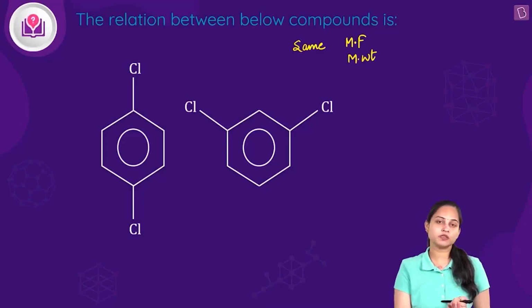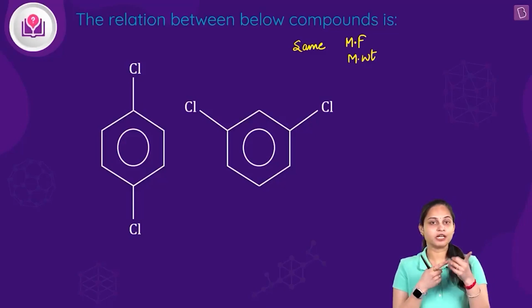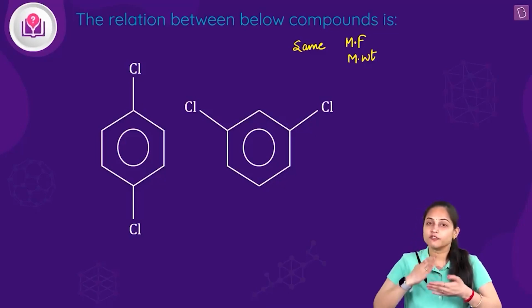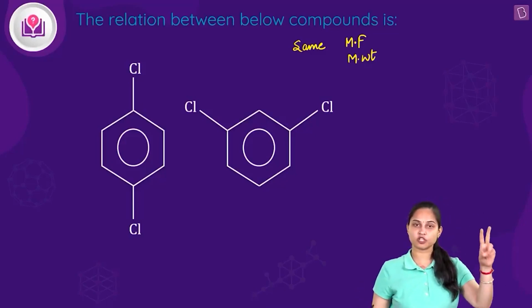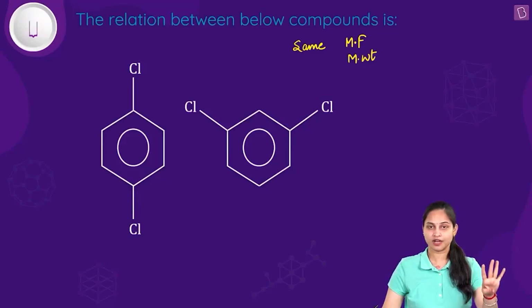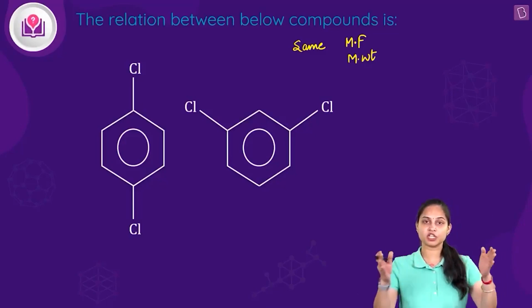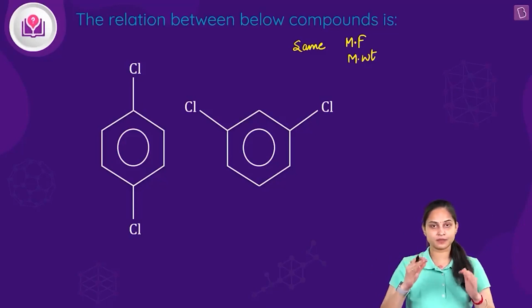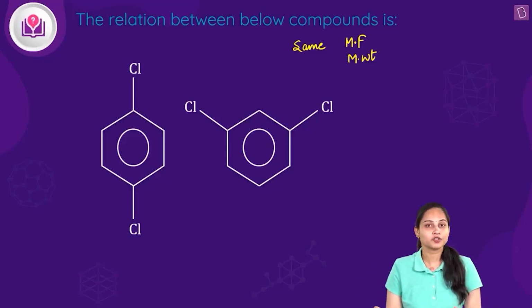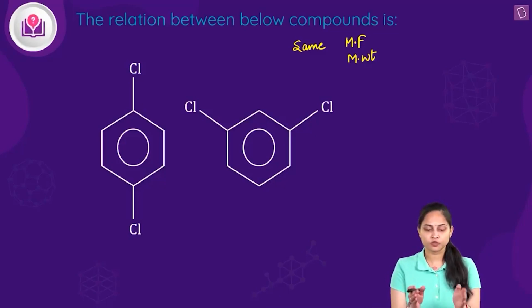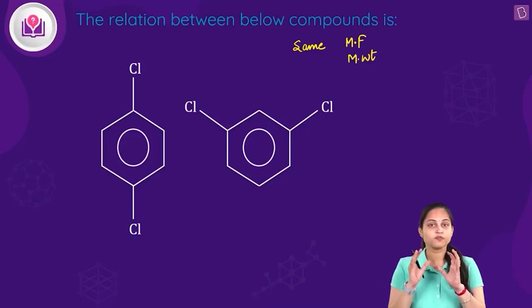And the isomers with the difference in the positions of multiple bond, that multiple bond can be double bond or triple bond, functional group, alkyl substituent or any other substituent attached to the same carbon skeleton, those particular isomers are actually referred to as positional isomers. So I'll straight away say that these 2 particular compounds are having a relation of positional isomers.